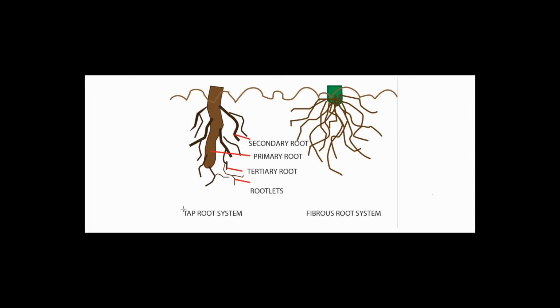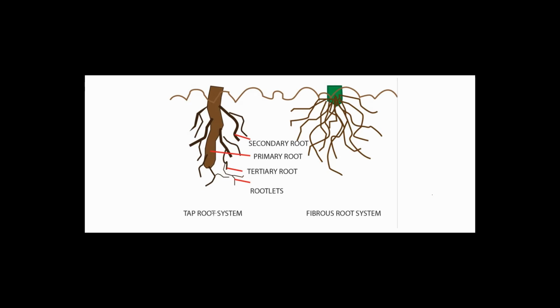Taproot system is very popular in dicot plants, while fibrous root system is very popular in monocot plants. In the future, we will be discussing in depth what is dicot and what is monocot. This is just an introductory lesson or fundamental lesson in agriculture.